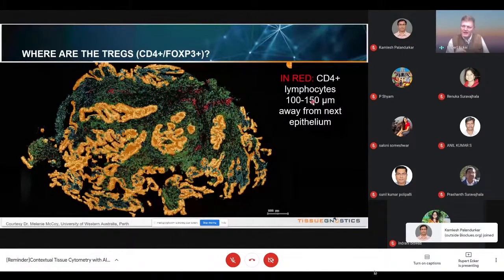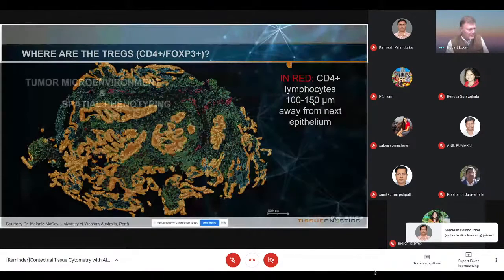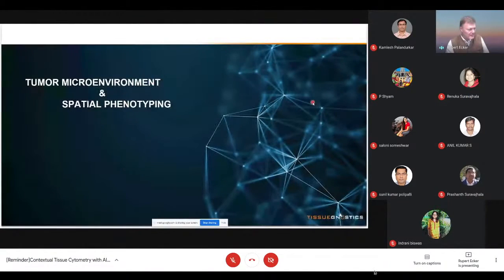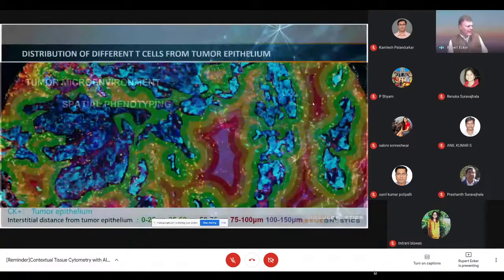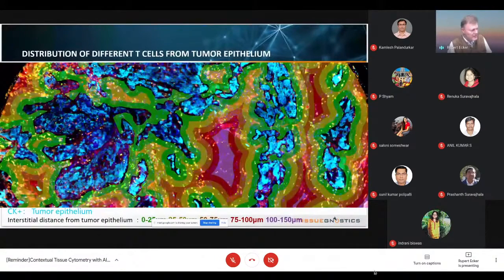So we get a very detailed analysis in spatial context. And we can use this in order to analyze what is called the tumor microenvironment, in situ, on the single cell level, in a quantitative manner. So these distance zones can also be shown directly in the tissue in form of color regions, color areas overlaid.